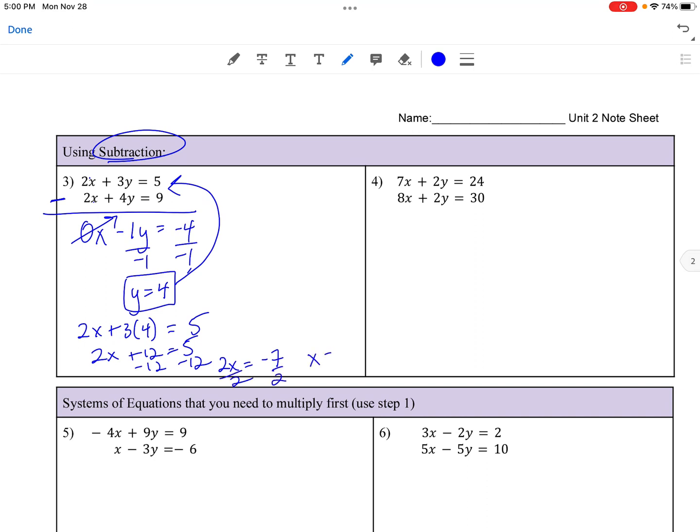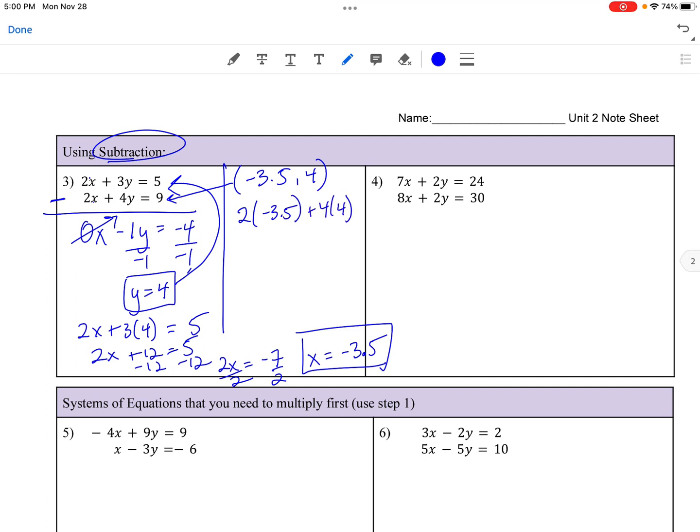Here I'm going to get a decimal. x equals negative 3.5. That's okay. We're going to now check to see if this point, (-3.5, 4), is correct by plugging it into the second equation. So let's see here. It's 2 times negative 3.5 plus 4 times 4.